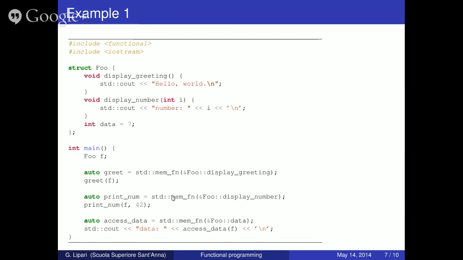Then you can transform display number into a function f that takes an object and an integer, and you can access data of an object by transforming the access to this integer into a function access data. It takes an f, which is the object on which you are going to call the member function.